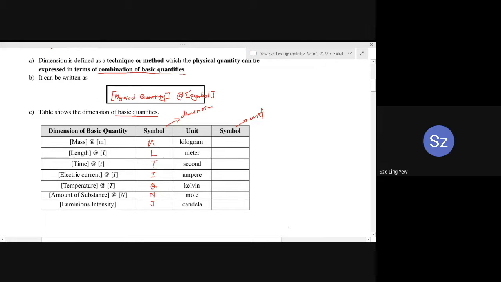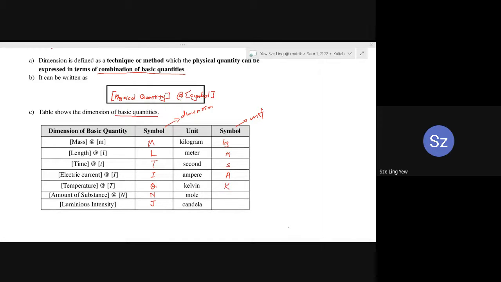These are the symbols that you're going to use in dimensional analysis. Whereas the symbol for unit, kilogram is kg, meter is a small letter m, and second is s. For electric current, the unit is capital letter A. For temperature, the SI unit is Kelvin.